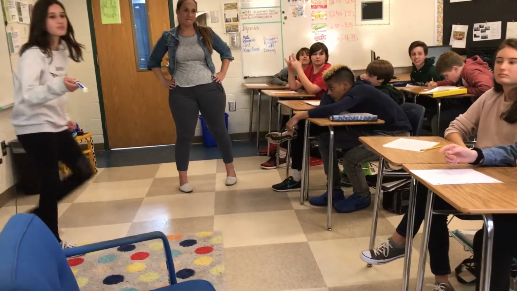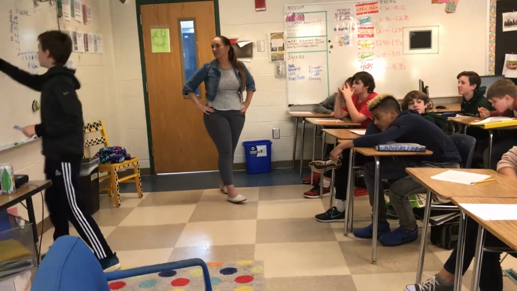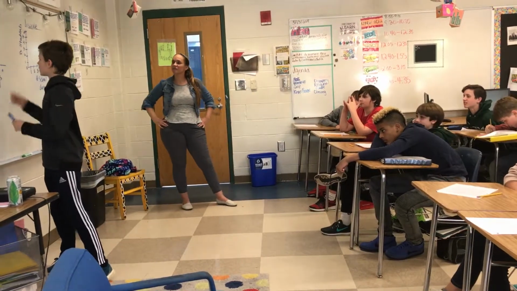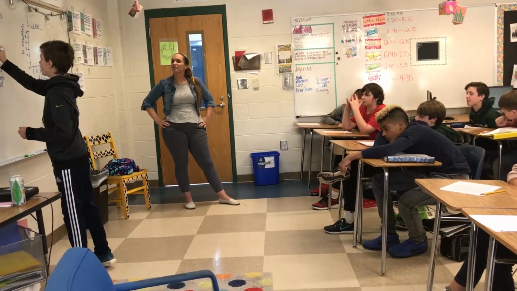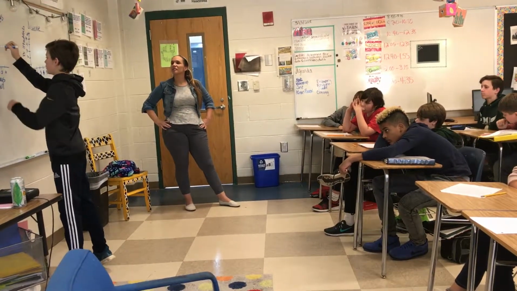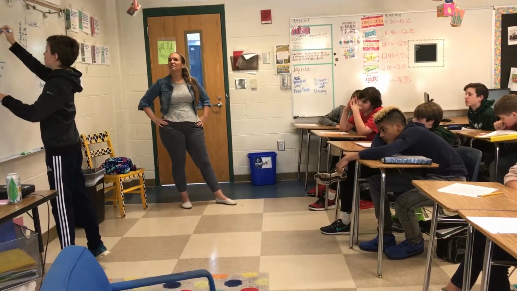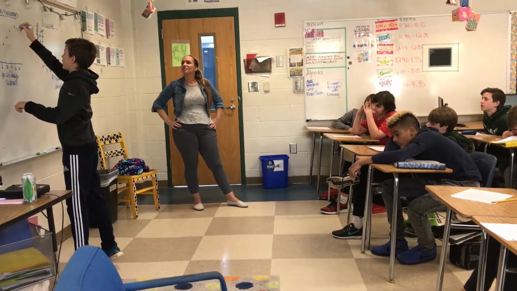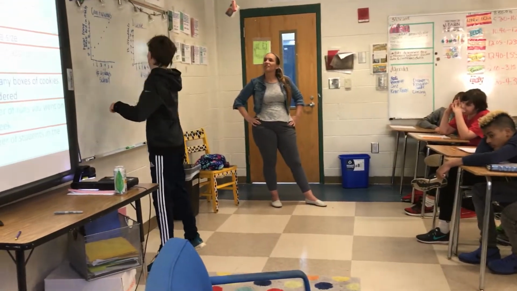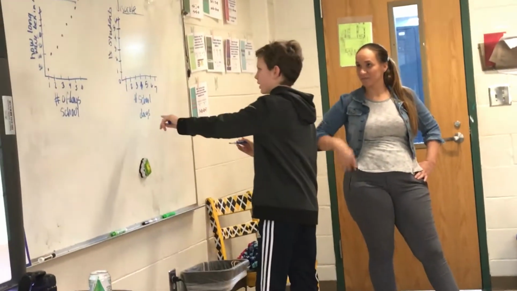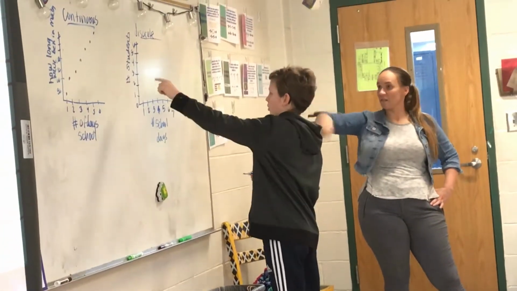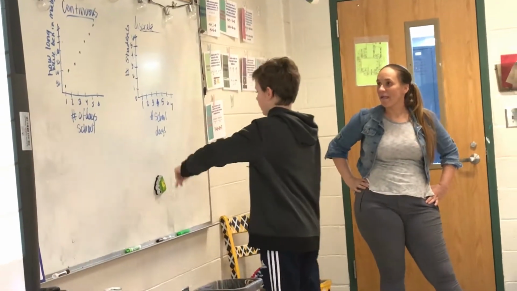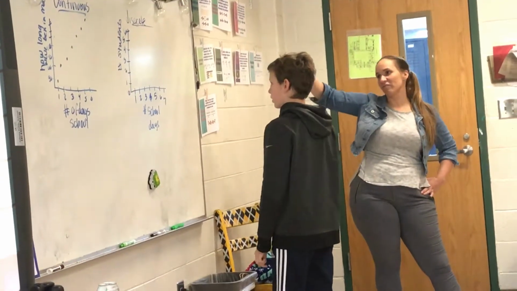Yeah. Alright, so what I thought was that for this, it would just keep going up here, because we just keep having days of school. But then for number of school days, number of students, I guess that would... You're saying that would level off at some point?